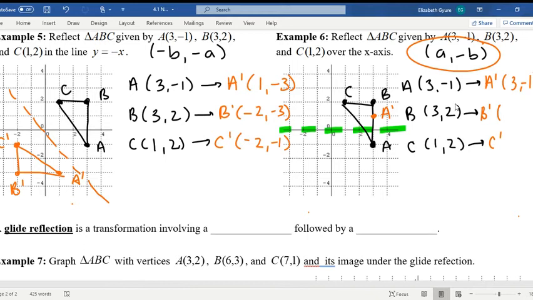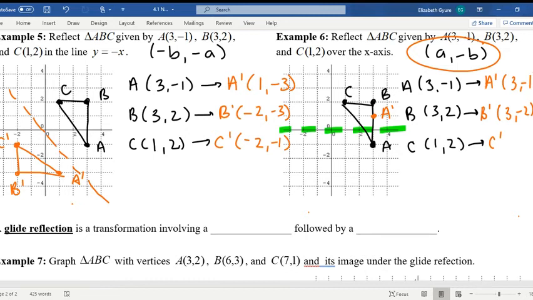Anybody at home? Yep, thank you. It would be 3, -2, right? Because A stays the same, B changes.